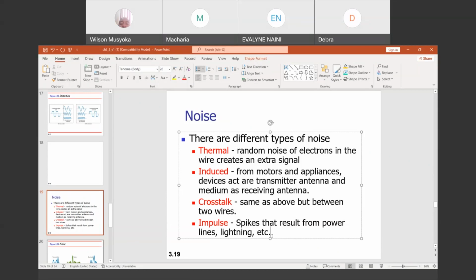When it strikes, if you don't have an earth, then that electric current or that electromagnetic interference will get to the cable that is transmitting your data, and it will introduce an extra signal that affects the transmission you are making. And that brings about impulse noise.